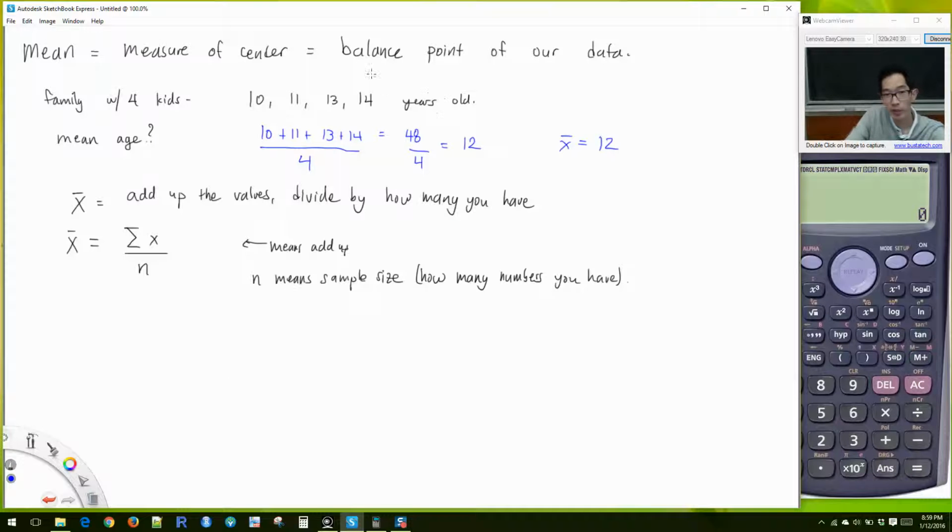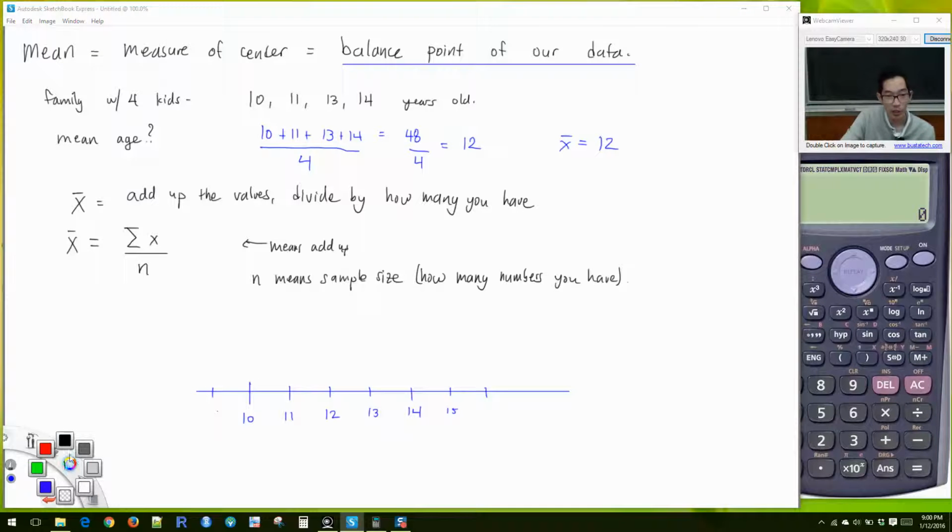This concept of the balance point of our data, we can think of drawing a number line. Let's say I made a dot plot, except imagine the dots are like stones.